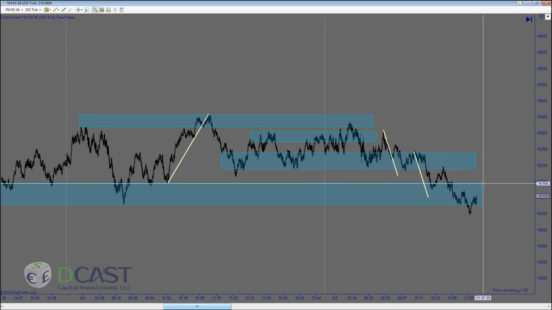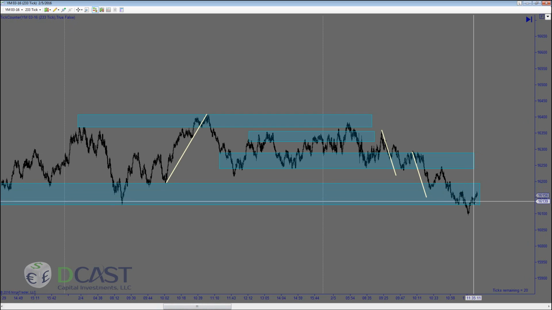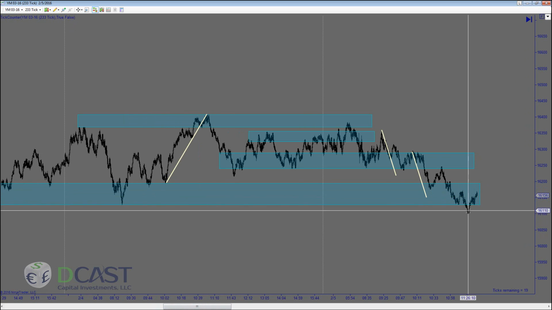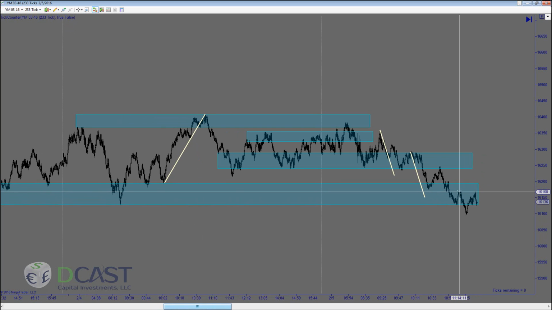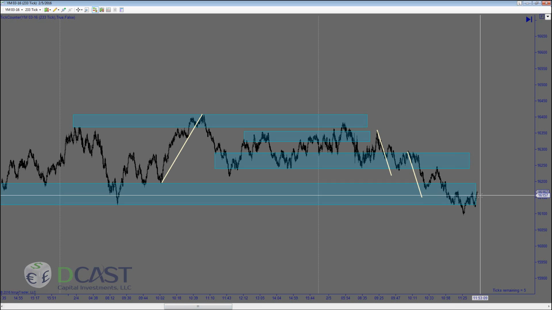It fails. So now price comes down, broke through a little bit, and it's having a deeper than expected correction, but our expectation is for price to do what?